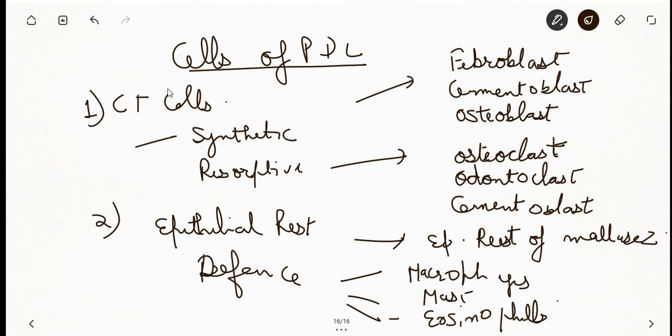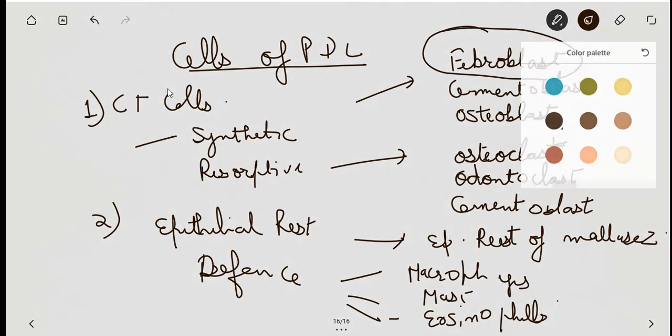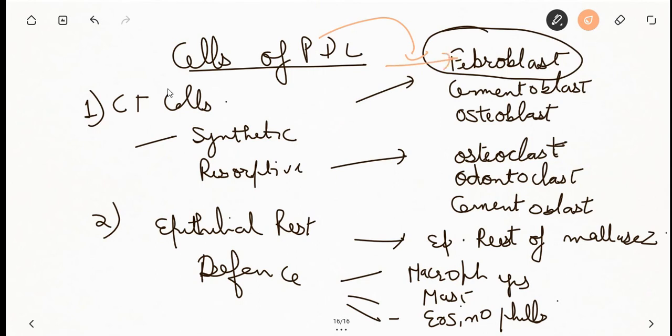So from the exam point of view, you have to remember the most predominant cells. What are those cells? These are the fibroblasts. The most predominant cells present in the periodontal ligament are the fibroblasts. They are associated with protein synthesis and secretion. They are ovoid or elongated cells oriented along the principal fibers.